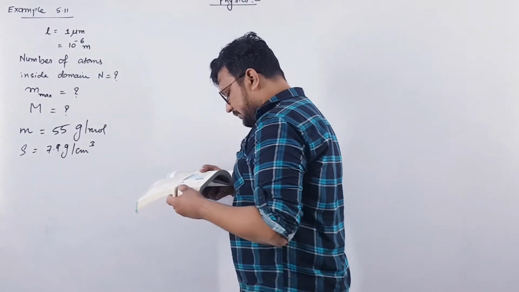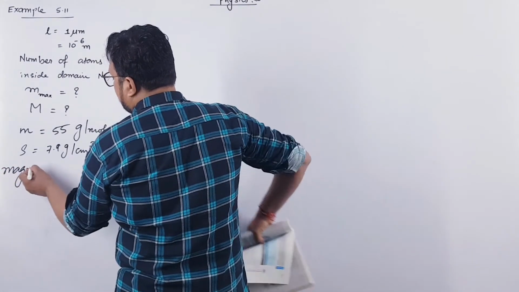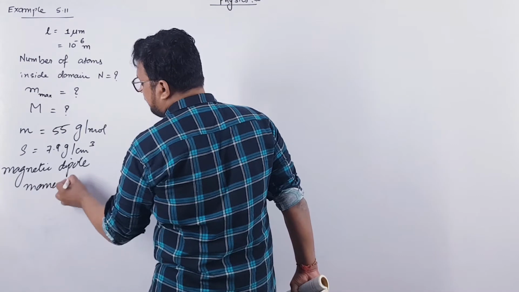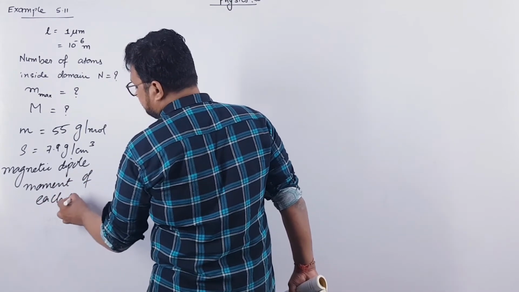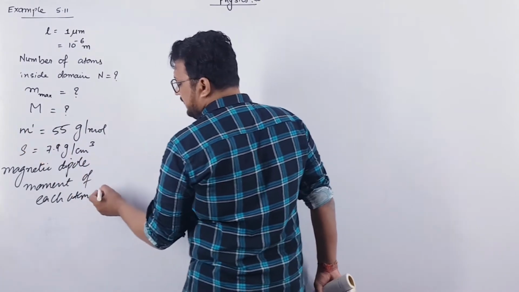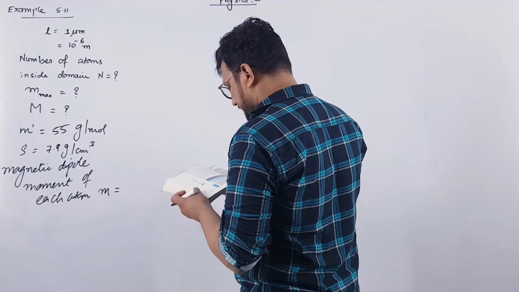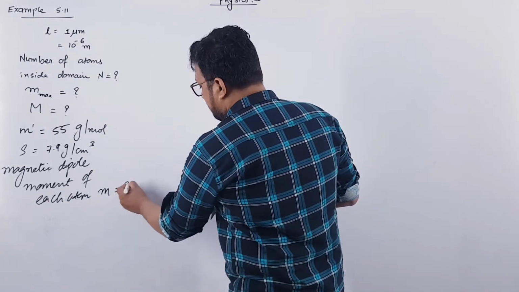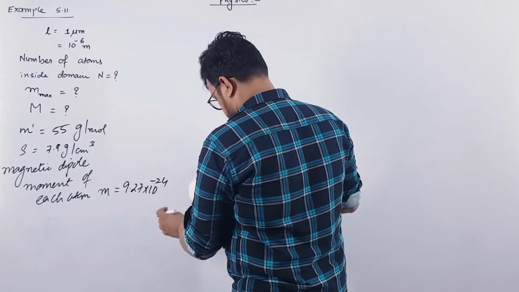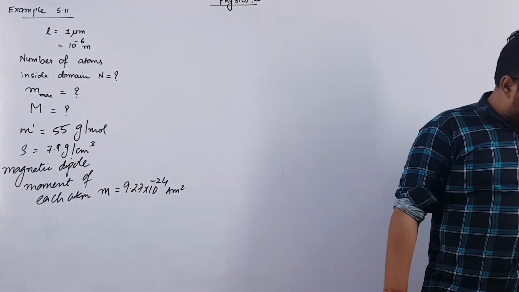Assuming that each iron atom has a magnetic dipole moment, here we have already taken mass as m, so let me write this as m dash, and magnetic dipole moment of each atom be m, which is given as 9.27 into 10 to the power minus 24 ampere meter square.